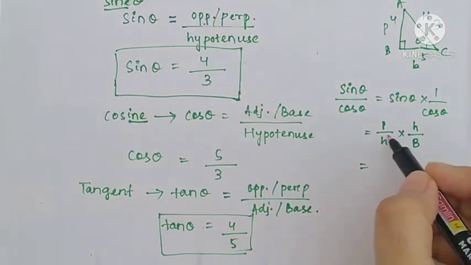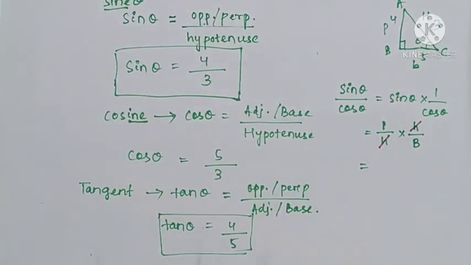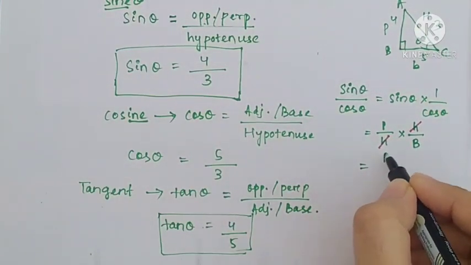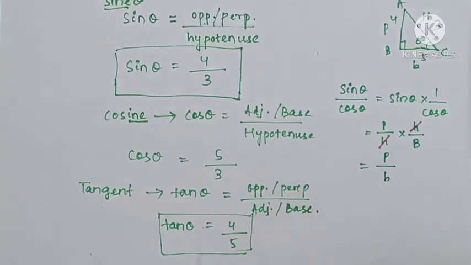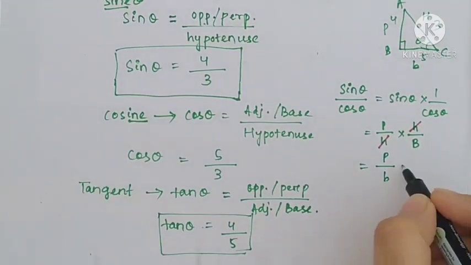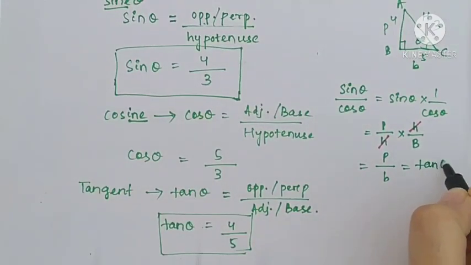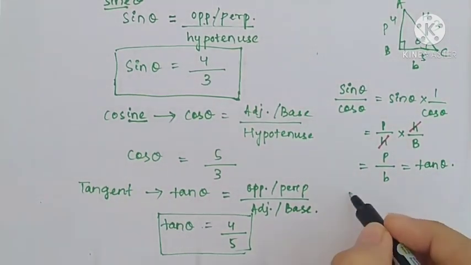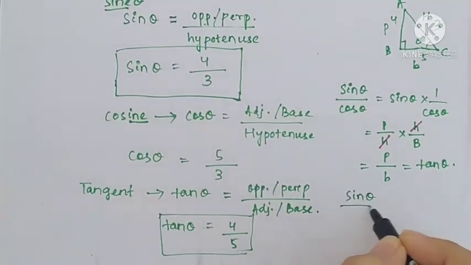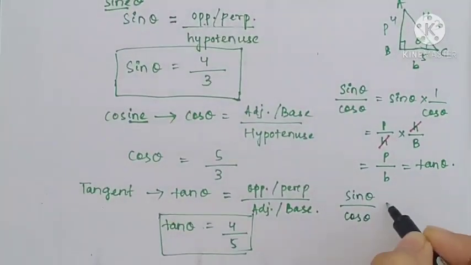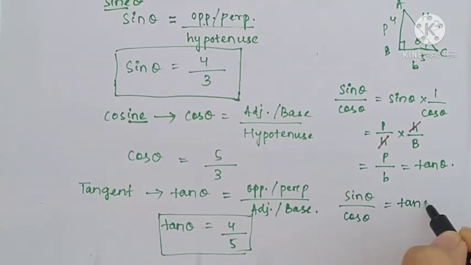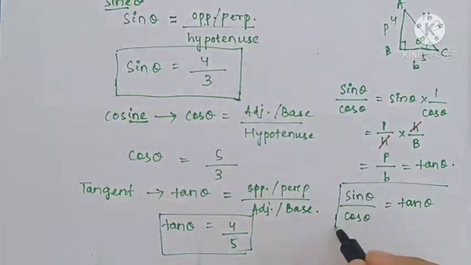So the hypotenuse part cancels out. We got perpendicular by base, which is the formula of tan theta. This is one of the most important relations in trigonometry. So we got sin theta by cos theta is equal to tan theta.